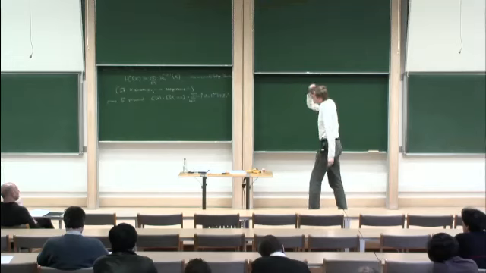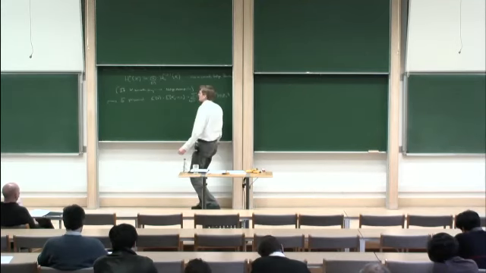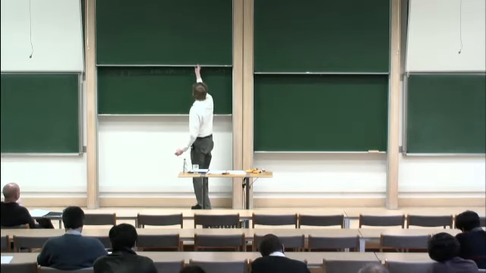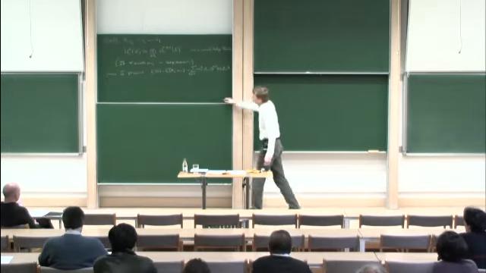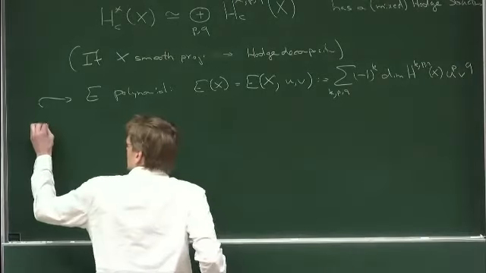And why would you do this definition? This has the nice property that it's actually an Euler characteristic. So this has an extra property.